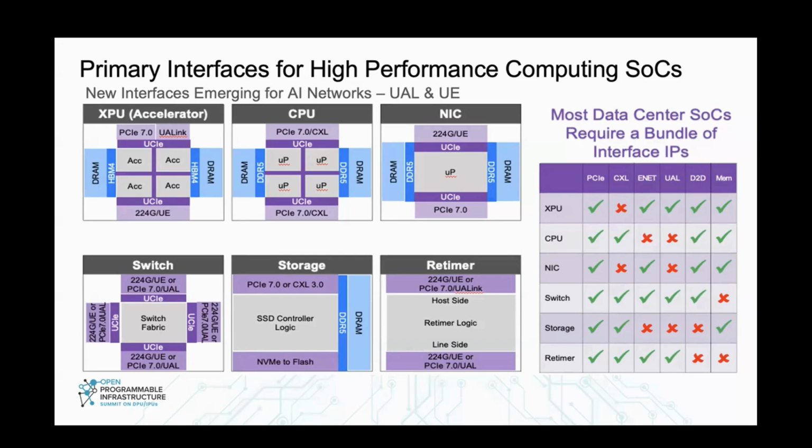Let's start with the accelerator. It needs PCIe, Ethernet, Ultra Accelerator Link, and memory interfaces. If you're dealing with chiplets, then obviously you need die-to-die as well. The NIC needs PCIe, Ethernet, die-to-die, and memory interfaces. So these are the key interfaces needed for most of these functions.